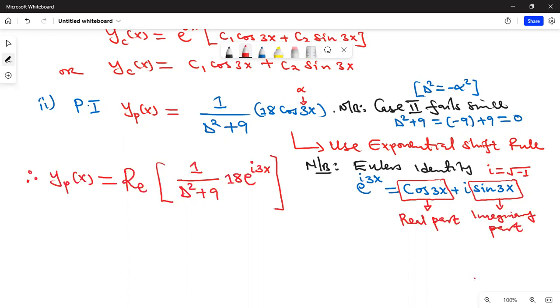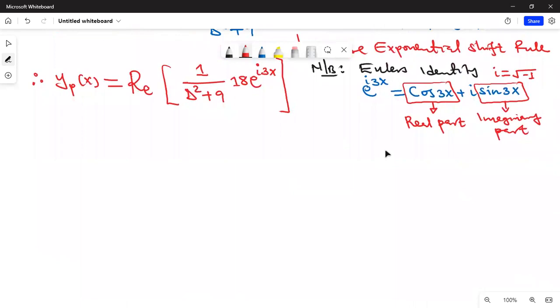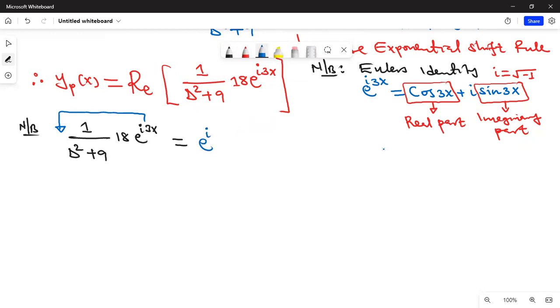So let me work out what is in the bracket. And once we are through with it, then we extract the real part. So here we use the shift rule. So we take note that 1 over D squared plus 9, 18 exponential i3x is equal to, if I shift it to the left of the inverse D operator, exponential i3x.